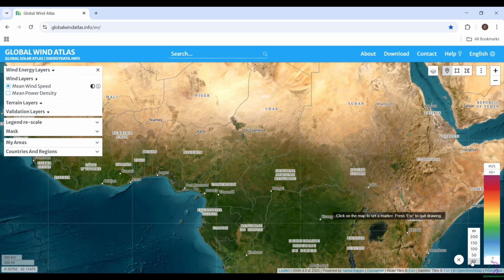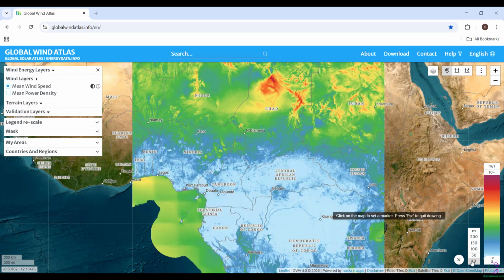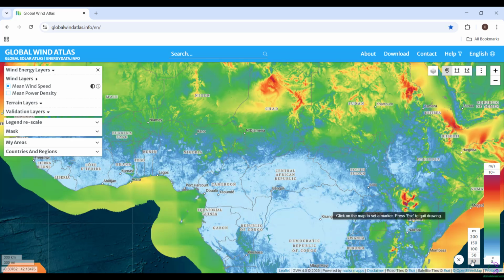So you can always manipulate it in order to get data of the wind speed at other levels, for example, at 50, at 10 meters above mean sea level. So you can see here it has loaded. This is at 10 meters height above the ground.